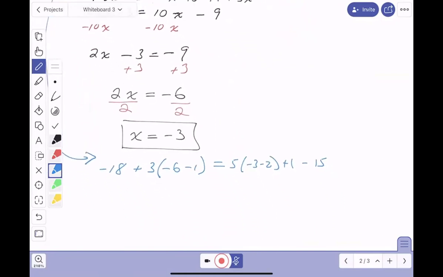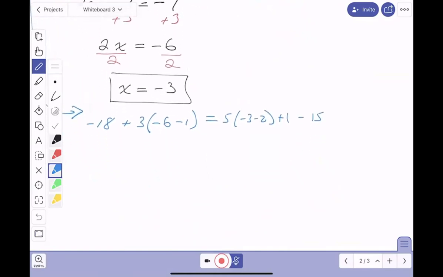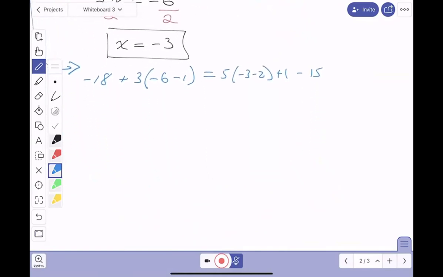Okay? I know this is tough. Let's keep working through it. -18 plus 3 times -7. 5. -3 -2 is -5. Plus 1. -15.